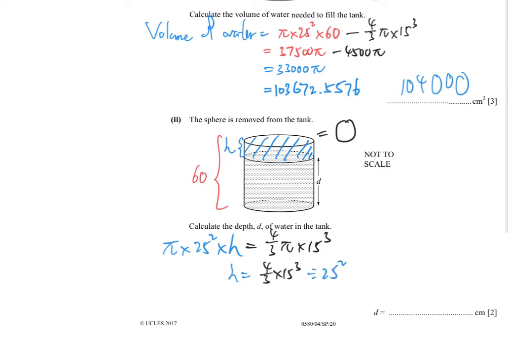It is just this thing divided by 25 squared, and you will get that h is actually equal to 7.2. But we didn't end at h. We want to find d. Remember that d will be equal to 60 minus h. So you will get d equals 52.8.